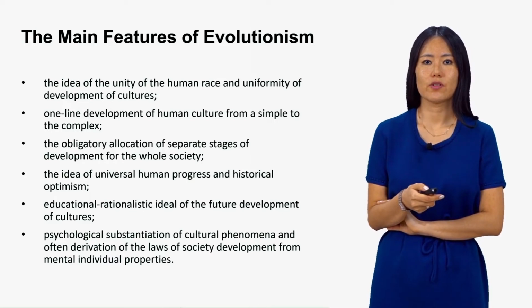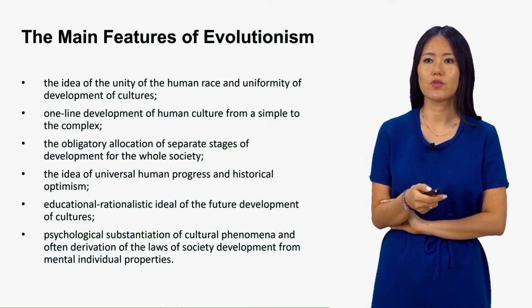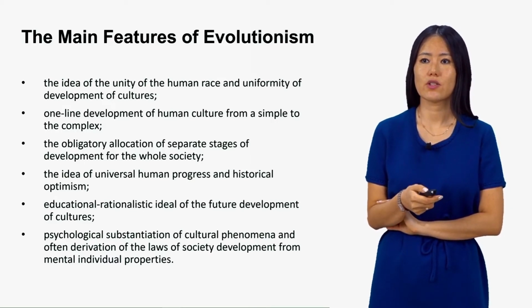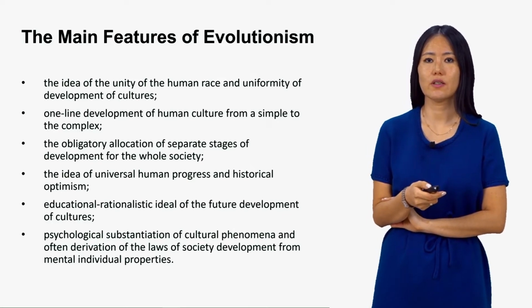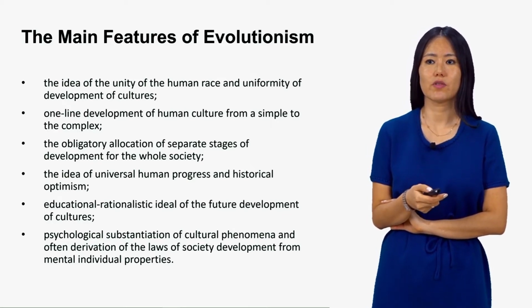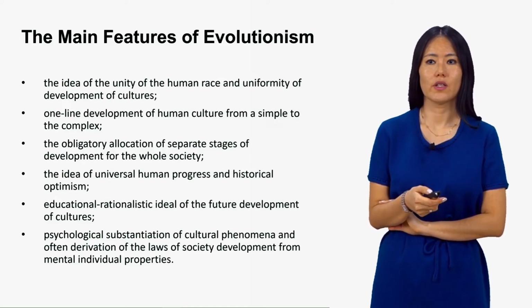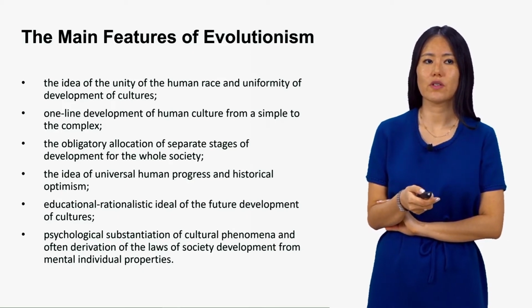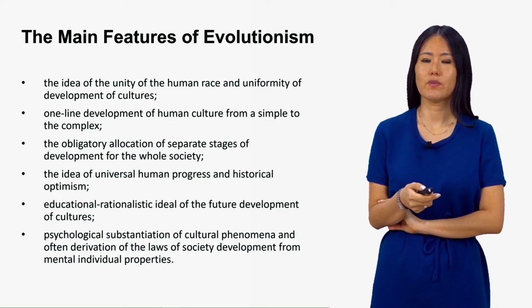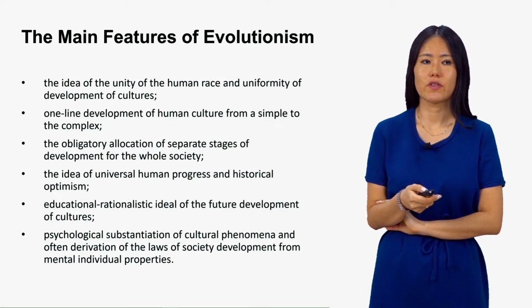Another main feature of evolutionism is the educational rationalistic ideal of the future development of cultures. And the last one is the psychological substantiation of cultural phenomena and often derivation of the laws of society development from mental individual properties.